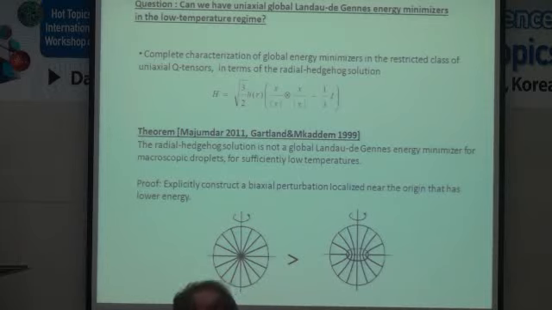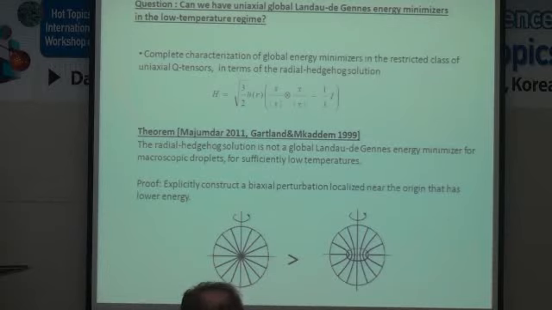So this excludes the possibility of any other competing uniaxial equilibria in the low temperature limit. So uniaxial equilibria, if they exist, well, they do exist in the restricted class, but they look more and more like the radial Hedgehog solution as we move to lower temperatures. So it's good. So you can restrict yourself to the radial Hedgehog solution if you're only really concerned with uniaxiality.